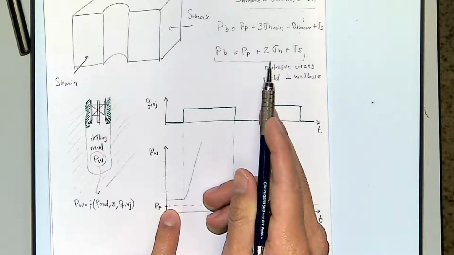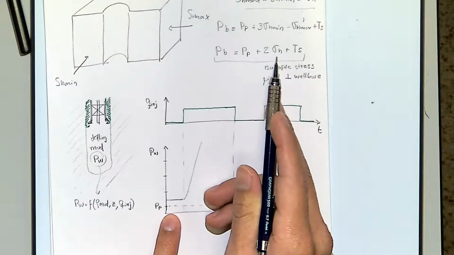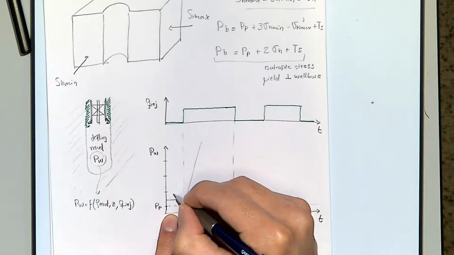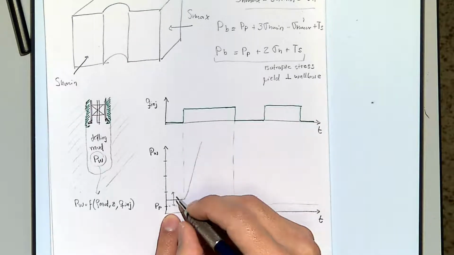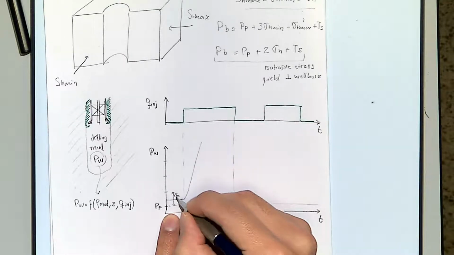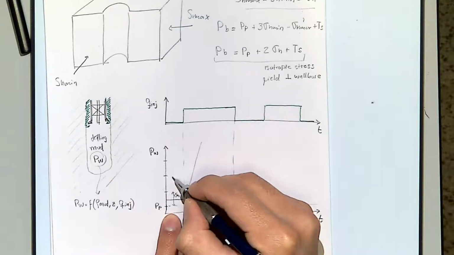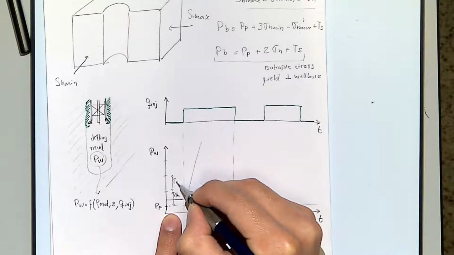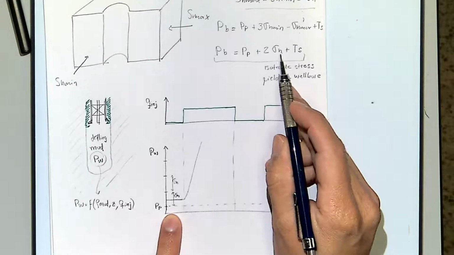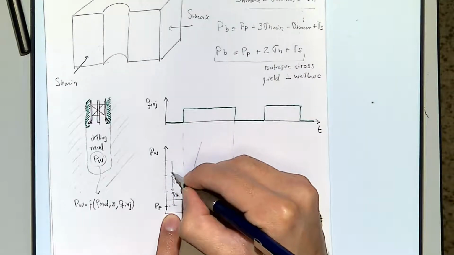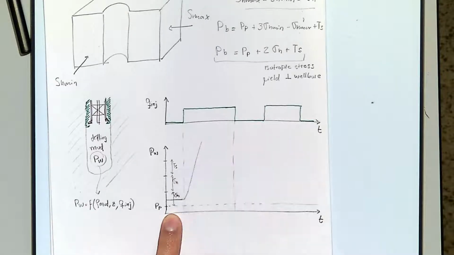We're above that. What this equation is telling me is that I can go as high as 1 horizontal effective stress higher, 2 horizontal effective stresses higher, and the tensile strength.